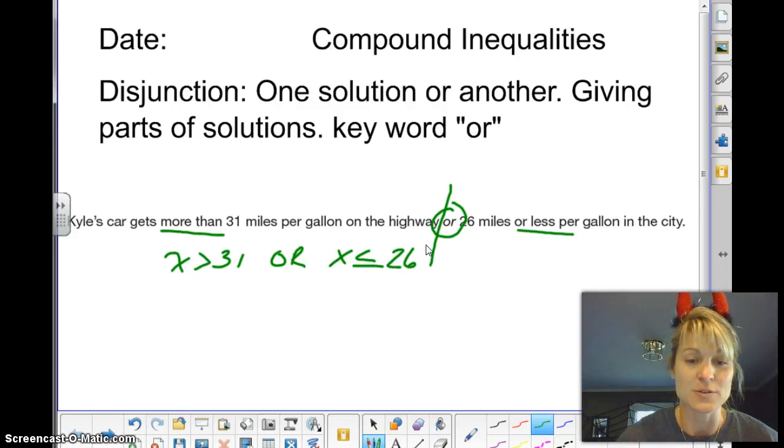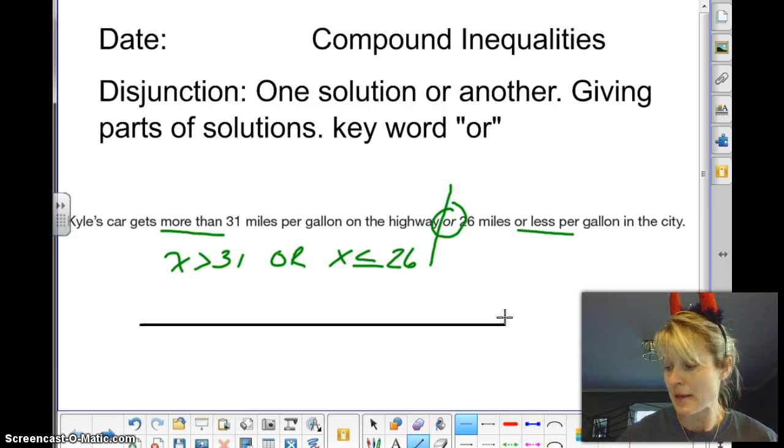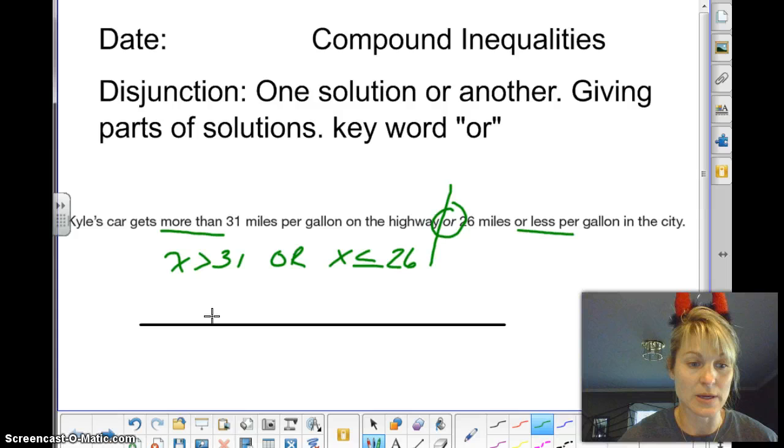That's my answer. So basically, look for your "or," break it up into two sections, and we're going to write two answers. His car gets more than 31 miles per gallon, so we have greater than 31, or it gets 26 miles or less in the city. Then we're going to draw a number line, like before. Here's my number line: 26, 27, 28, 29, 30, and 31.